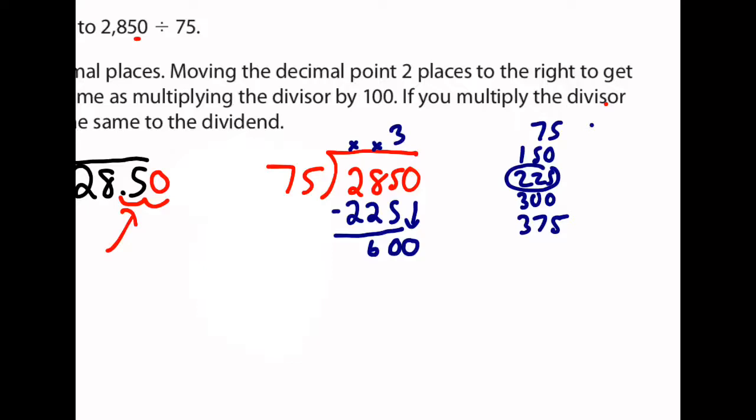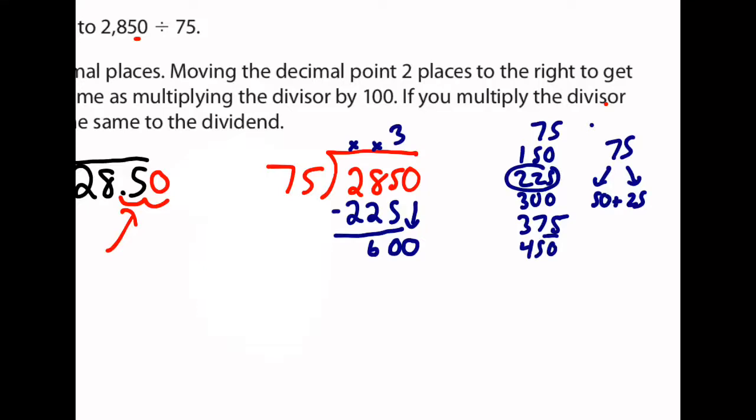So if I add on 75, by the way, when I add on 75, think of 75 as 50 and 25. So what I'm going to do is add on 50 and 25. So for example, if I add on 25 to this, I get 400. 400 plus 50 is 450.